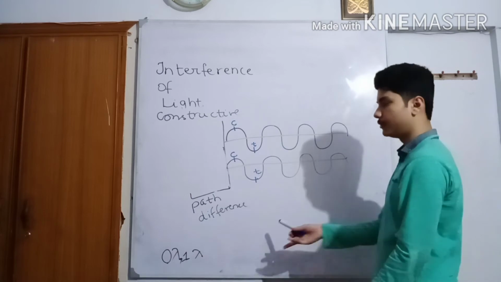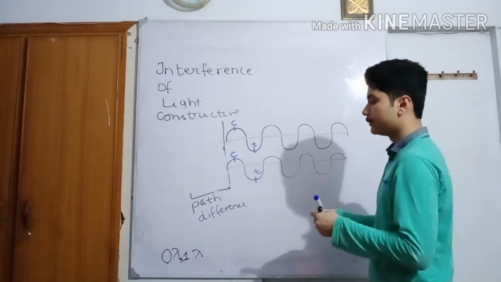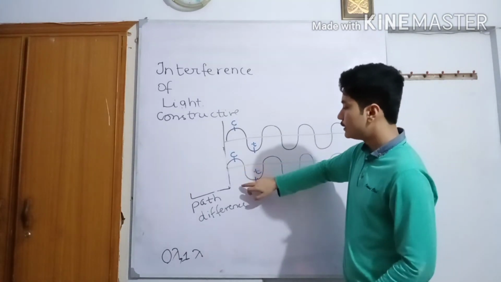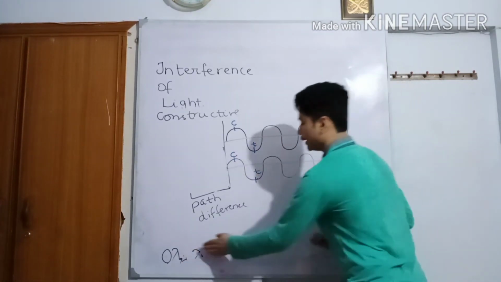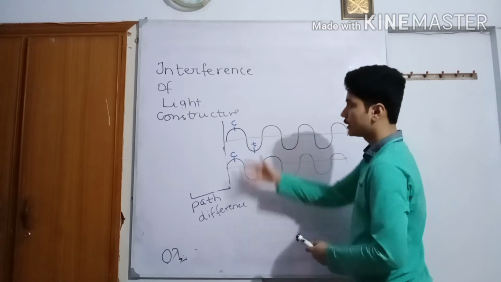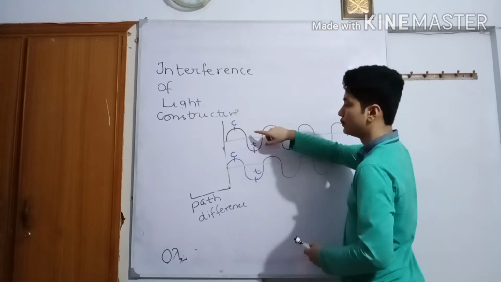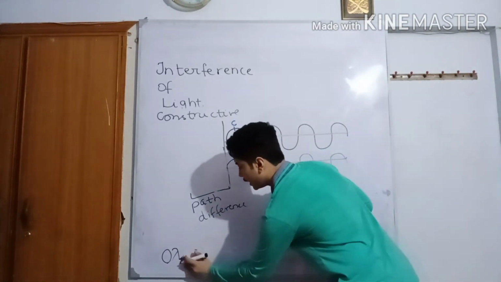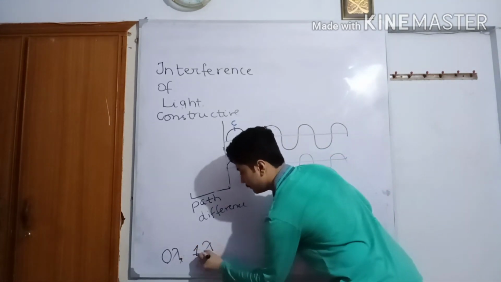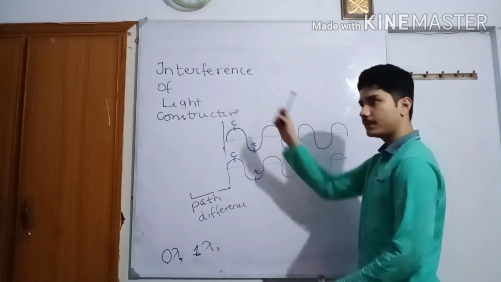No problem, there is no difference between 0 and 0 lambda. Both are equal. And now what kind of interference is there? It's still constructive, because crest and crest are moving with each other, and the same with trough and trough. So when path difference is 0 lambda and 1 lambda, the interference is constructive.